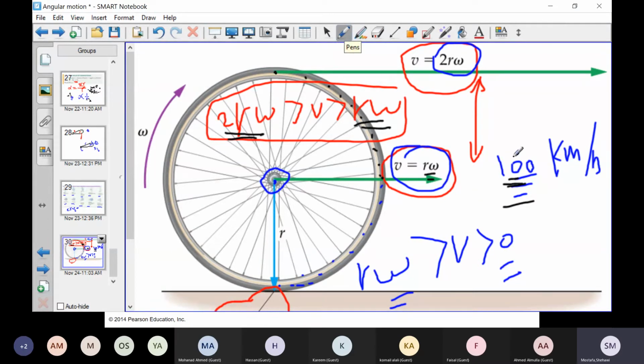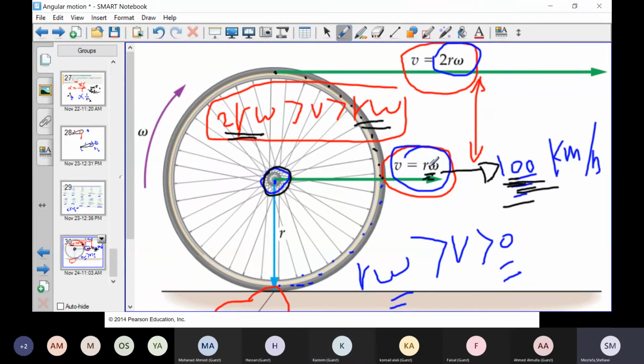Guys, anybody knows the answer for this question? If the speedometer of the car reads 100, I tell you that the speedometer reads the velocity of the axis of rotation, which is V equals R omega. So R omega equals this number. I give you an example. If the speedometer reads 100, what would be the speed of the top of the wheel at this point? I'll pick someone. 200. Yes, it's 200.